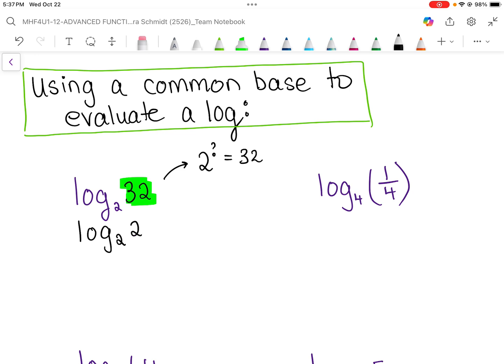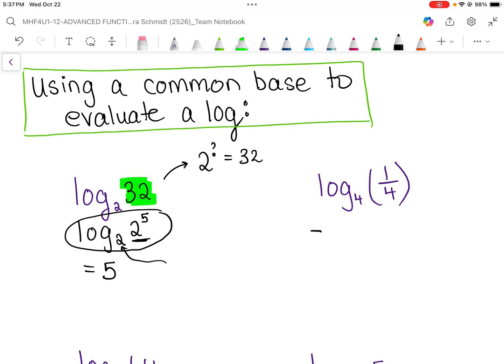So 2 to the power of what equals 32? Well, 2 to the power of 5 is equal to 32. So now I know my answer must be 5, because this expression is basically saying 2 to the power of what will equal 2 to the power of 5. So obviously 5.